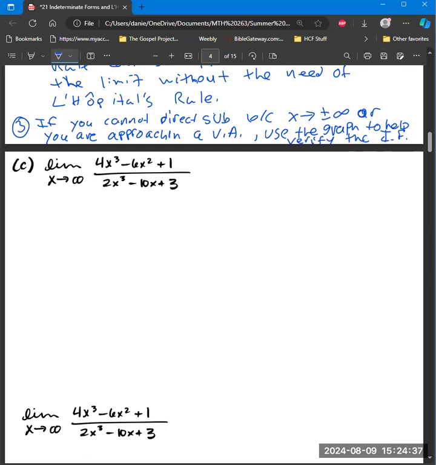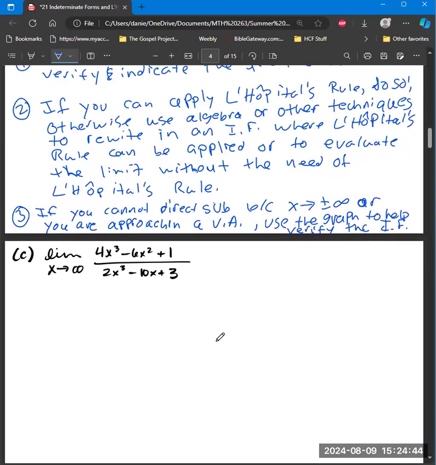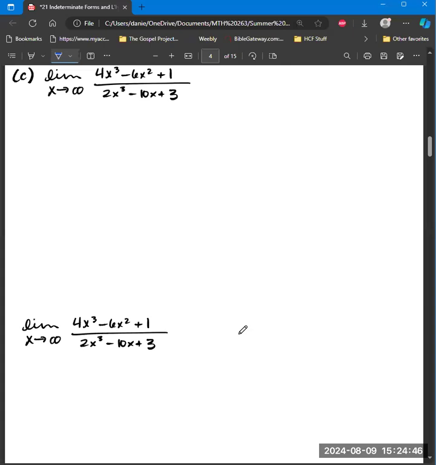And then if you cannot immediately apply L'Hopital's rule, then, like I said, we're going to do some algebra and stuff. We'll come to some examples for that.